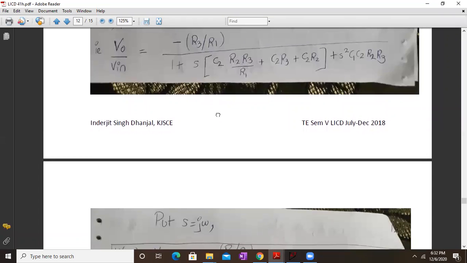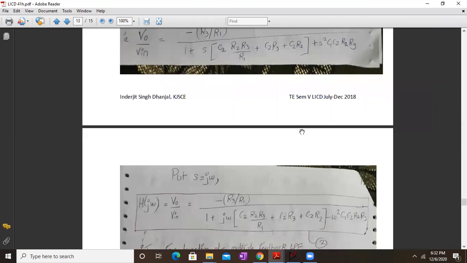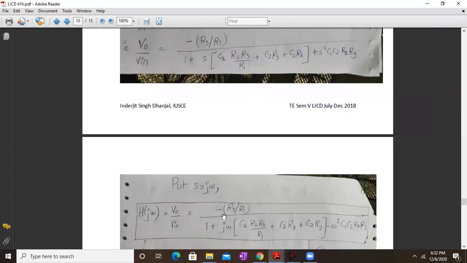Actually, so V0 upon V in, this was in S domain, and now we substitute that in the frequency domain. So you will have minus R3 upon R1 divided by 1 plus j omega, this whole term, minus j omega. S is j omega, so j square will be minus 1. So it will be minus omega square C1, C2, R2, R3.